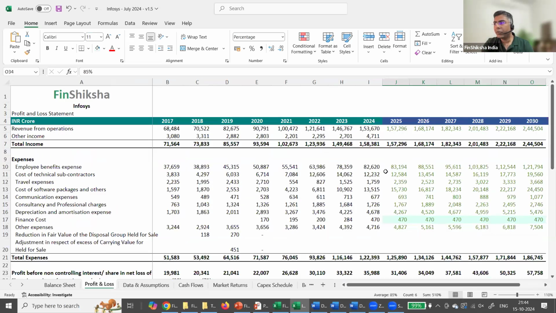If you go to the P&L, you'll see all of these are data points which are being derived or linked to the assumption sheet, and the black numbers are all calculations, right? So the dark greenish font on the forecast is where it's a link to another cell in the model, and calculations are all in black. It just makes it easier to read and understand when you immediately look at it.